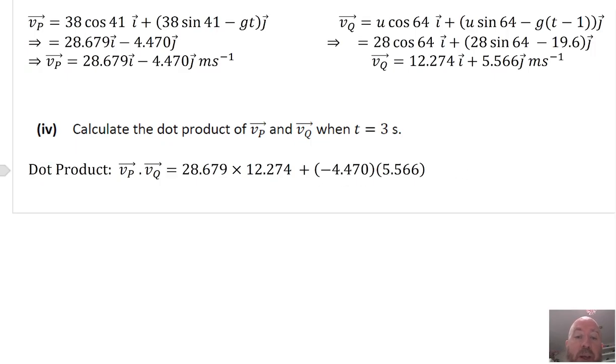So that's one way of getting the dot product, and we're going to need to know both ways.